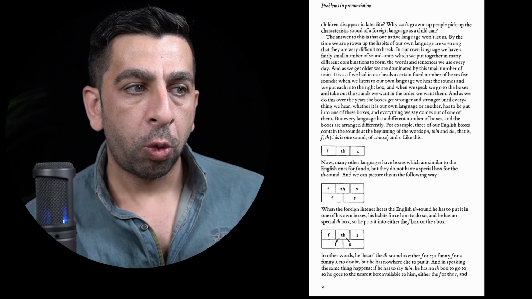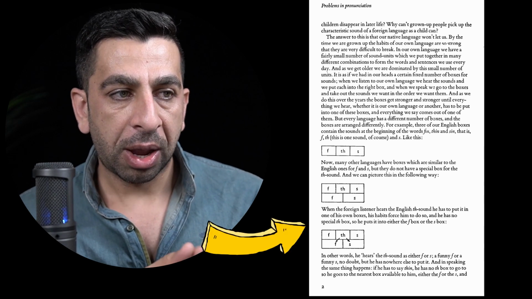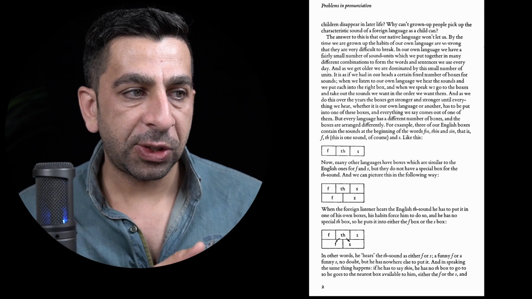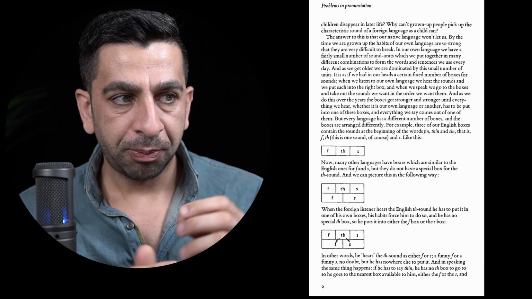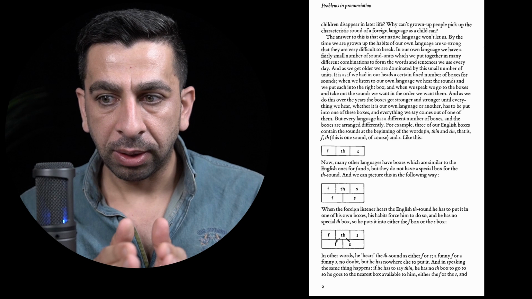فعندك مثلا th من دا يتحدث يقول when the foreign listener hears the English th sound, he has to put it in the special box for th in his own language بلغته. فبالتالي بالمحصلة النهائية لازم أنه أكو بوكس مكافئ في اللغة الأولى يتخلى من عند البوكس باللغة الثانية على هذه الشاكلة.